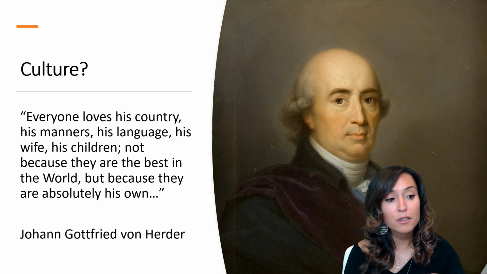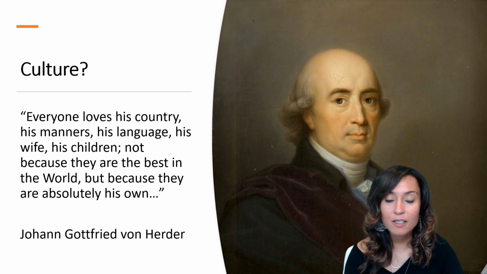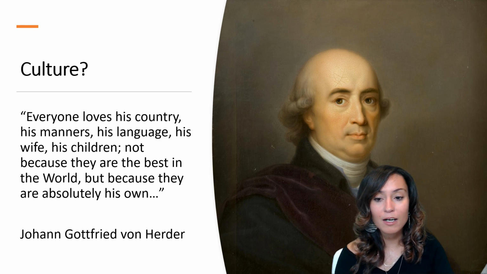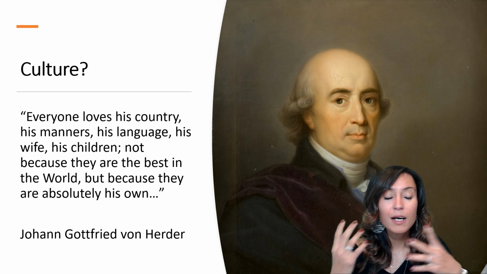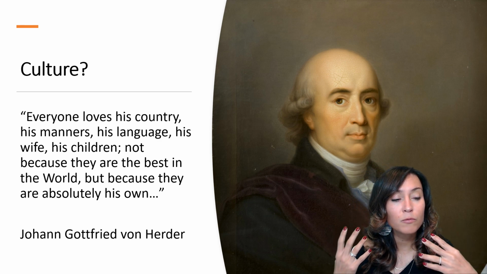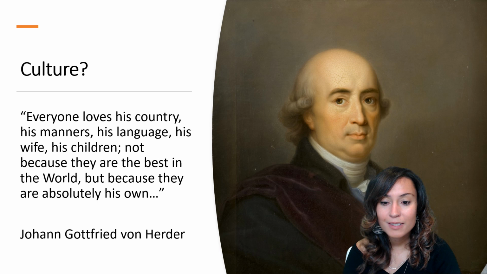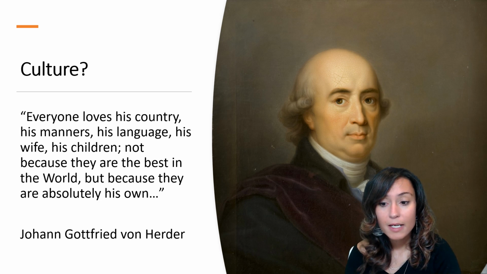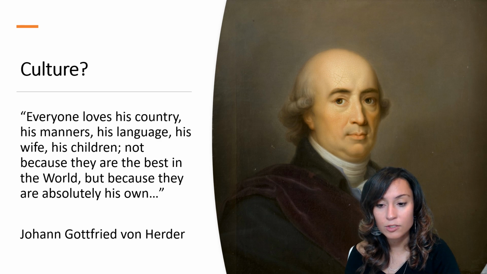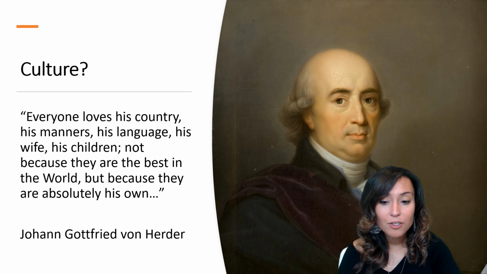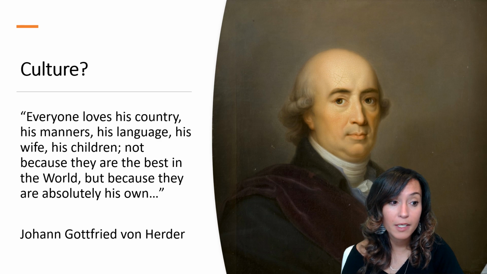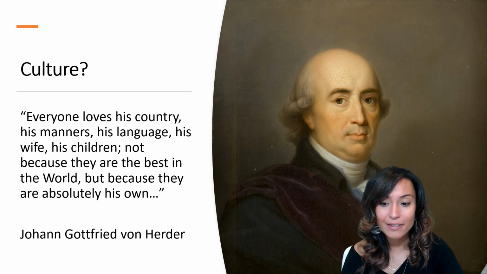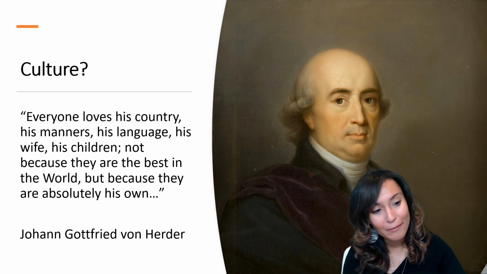This is where we get the word Volksgeist, a German term for a cultural aesthetic, a cultural worldview. This is the definition of culture that was picked up and integrated into anthropology by Franz Boas, who is often considered the founder of modern anthropology. Boas started the first anthropology department in the United States at Columbia University, my alma mater, in NYC.